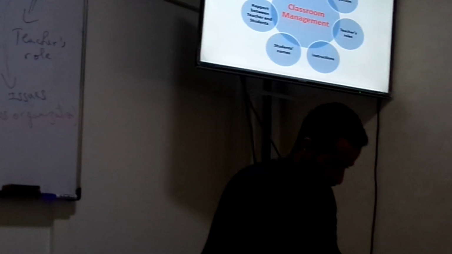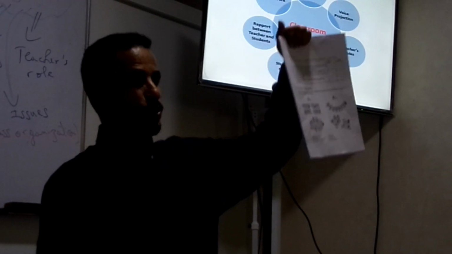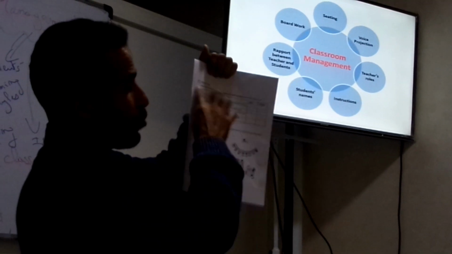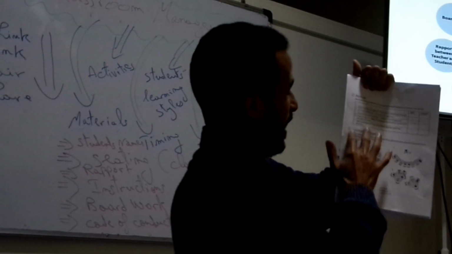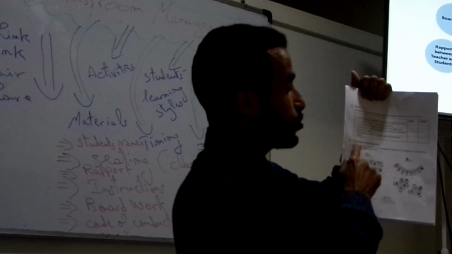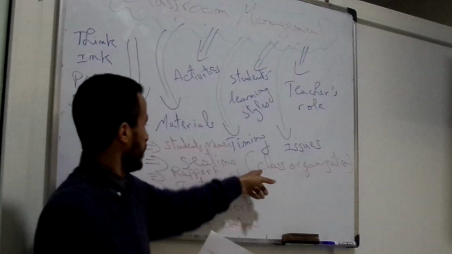Now I'm going to distribute this worksheet, and we have two activities. We have a warm-up, where your job is to read the situation and say whether you agree or disagree. Activity number 2 is about classroom organization, seating.